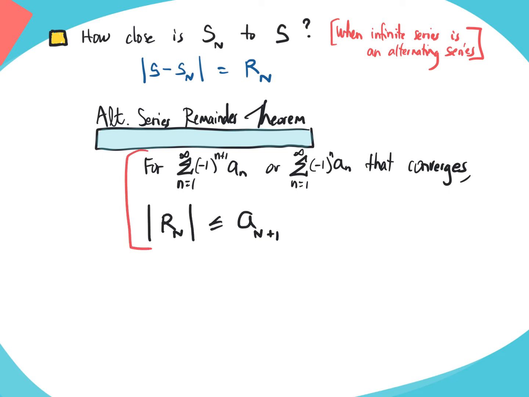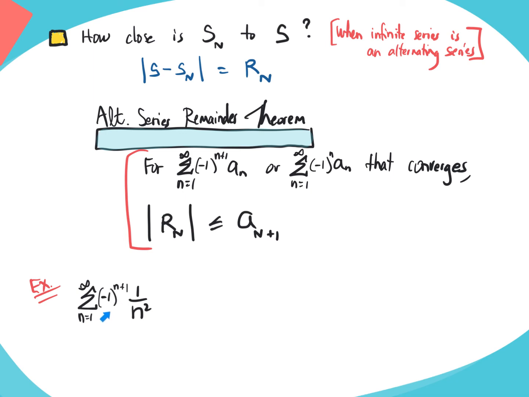What does this mean? Well, what about this series? We know that 1 over n squared all by itself, with all positive terms, converges to pi squared over 6. We didn't learn why yet, but you'll have to take my word for it. Well, the alternating series is definitely going to converge.